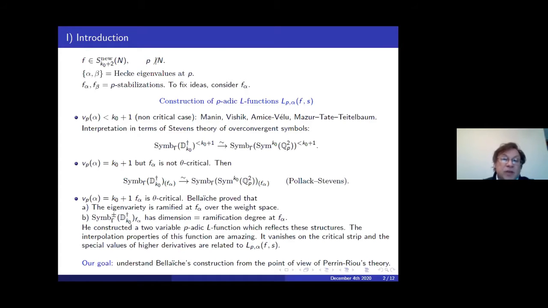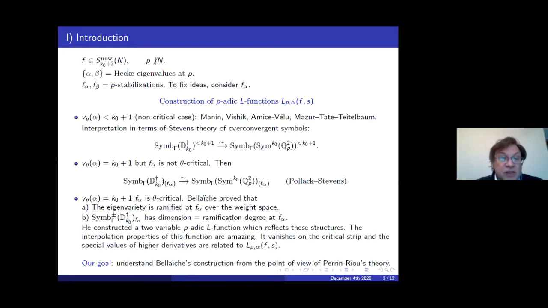Among other things, Bellaïche proved the following. In a theta-critical case, the eigenvariety is ramified at the point which corresponds to f_alpha over the weight space. The dimension of a generalized eigenspace of the space of symbols is equal to the ramification degree of the eigenvariety at this point.